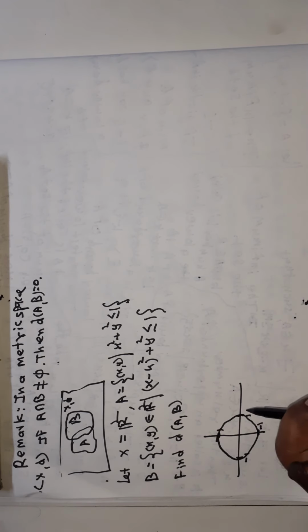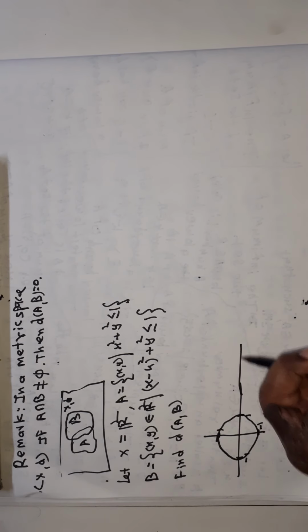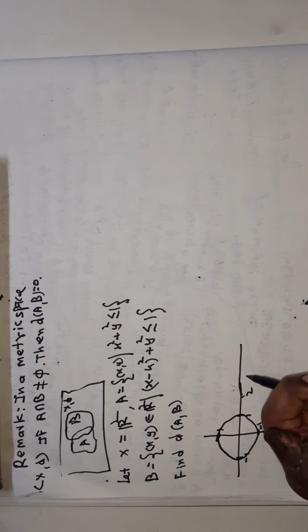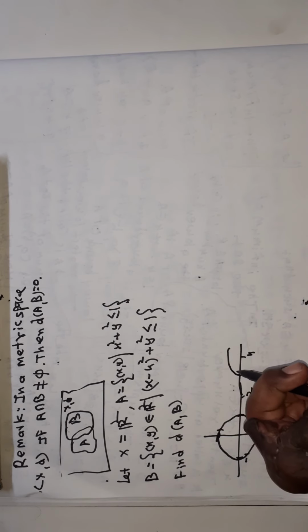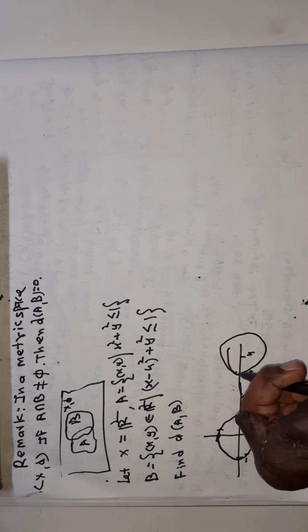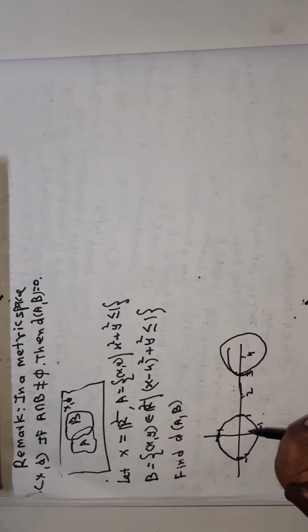And the other set is (x minus 4) squared plus y squared less than or equal to 1. This is another circle.